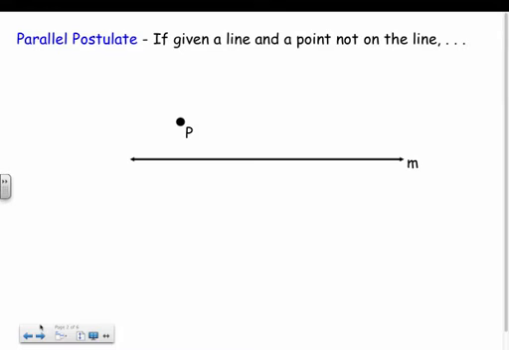One quick postulate here: the parallel postulate. If given a line and a point not on the line, how many lines do you think could go through P that are parallel to M? Well, one line, right?